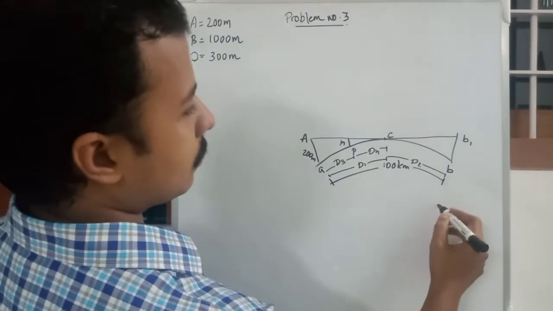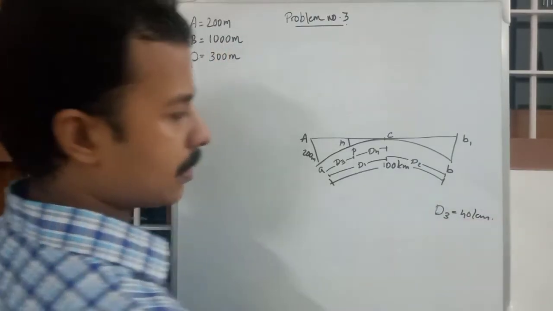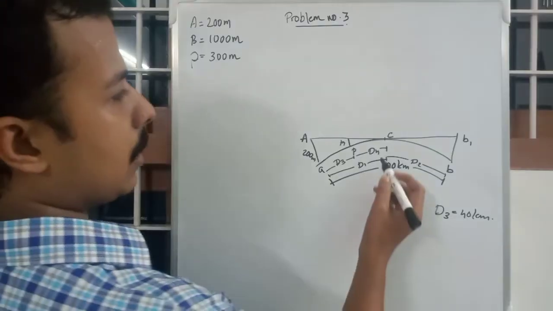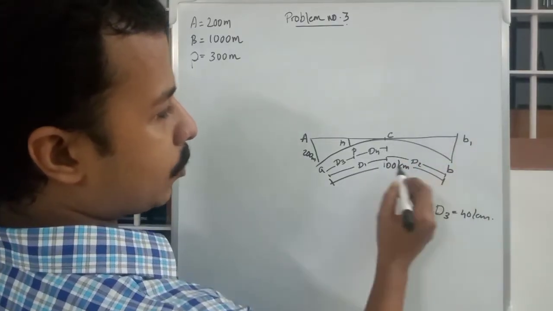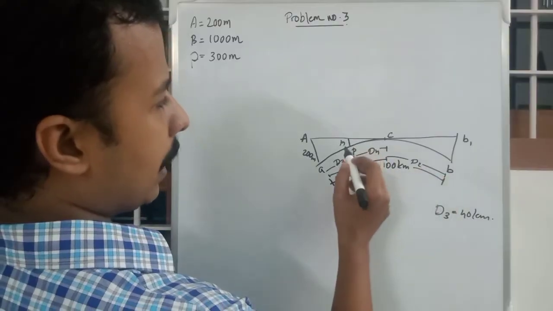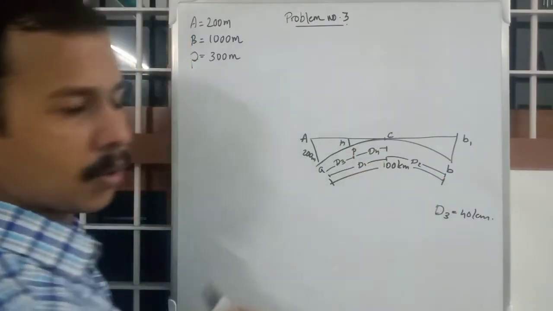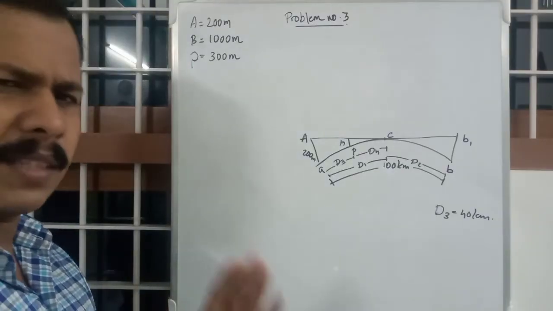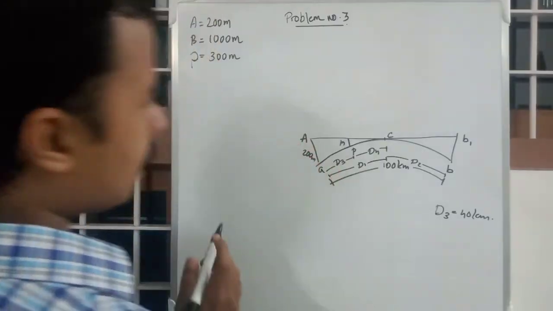D3 is 40 kilometers, given in the question. B1 you can calculate using D2, and P1 you can calculate using D4. The same single equation we know about. So we will start.